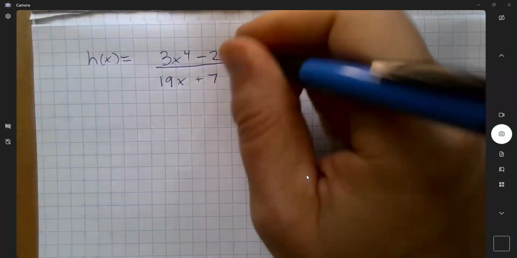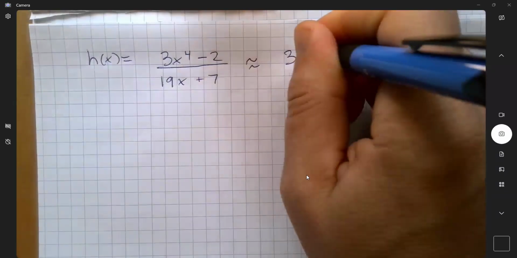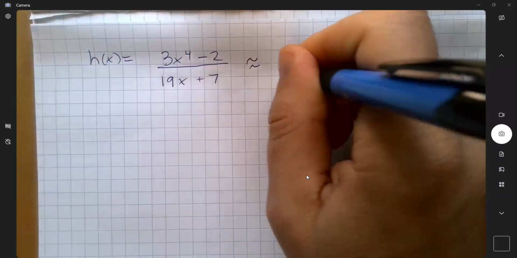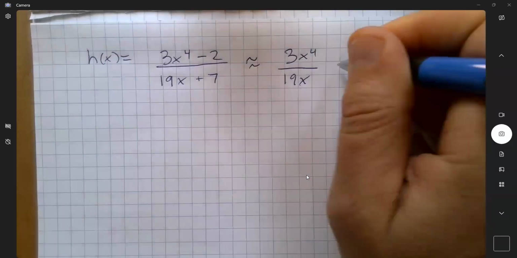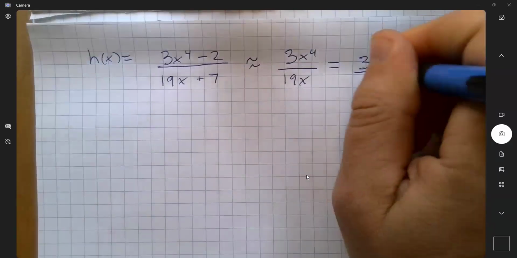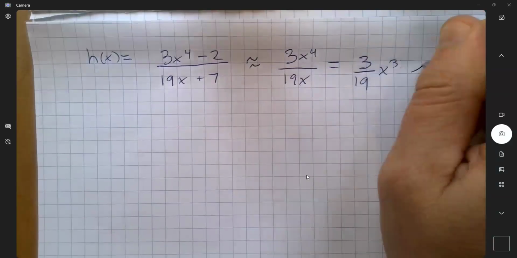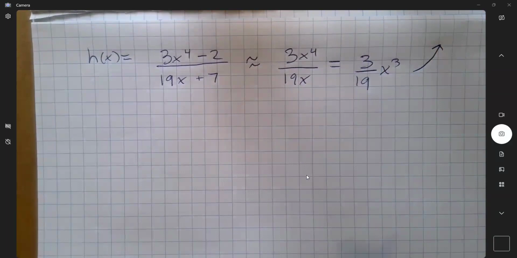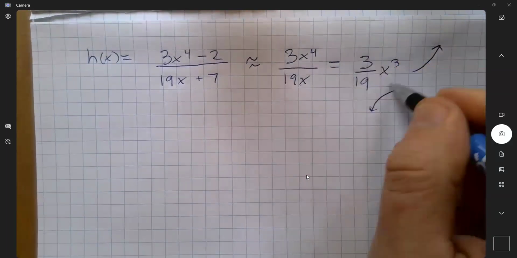As x gets really big, we can ignore everything but the first terms. But even when I ignore those terms, I'm going to end up with 3 over 19 times x cubed, and that blows up as x gets big, and actually goes down as x gets negative, because it looks like a polynomial.